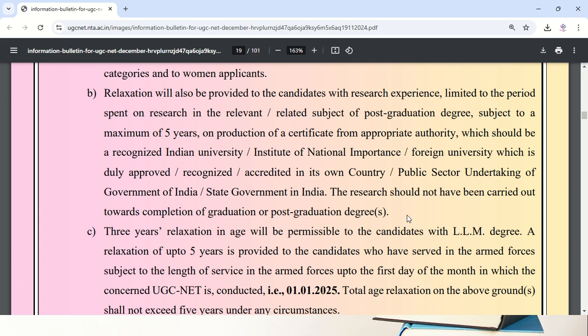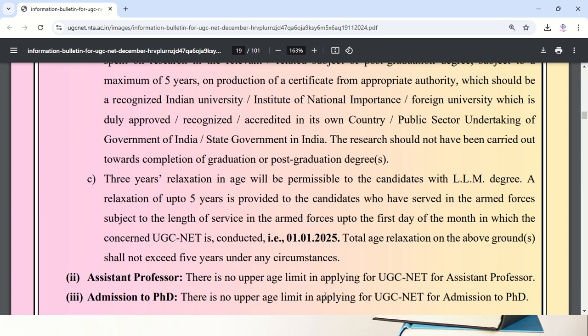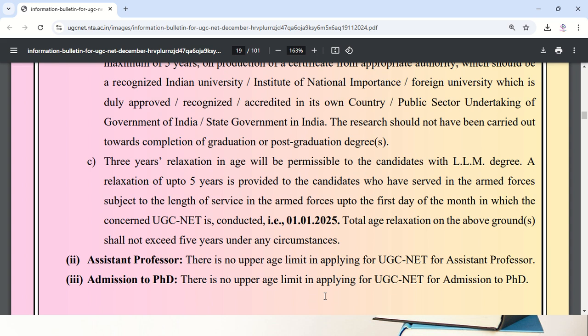Suppose anybody worked in the army, they will get 5 years relaxation. The total relaxation on the above grounds shall not exceed 5 years under any circumstances. So two categories additionally get it, LLM and armed forces, as well as those who did research at foreign universities, and those people get the additional 5 years relaxation.